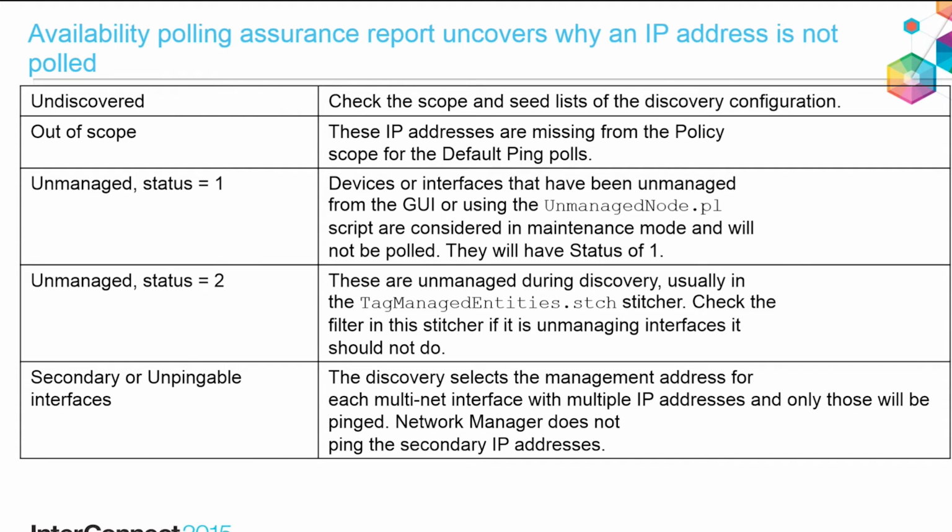Unmanaged gives you an idea of what type of unmanaged, whether it's in maintenance mode or whether it was from the tag managed entities. And running this script is often the first inkling you have that the tag managed entities is either being too aggressive or not aggressive enough. Or it can be your IP address, for instance, might be a secondary or an unpingable interface. So it'll give you one of those categories. So next slide, please.